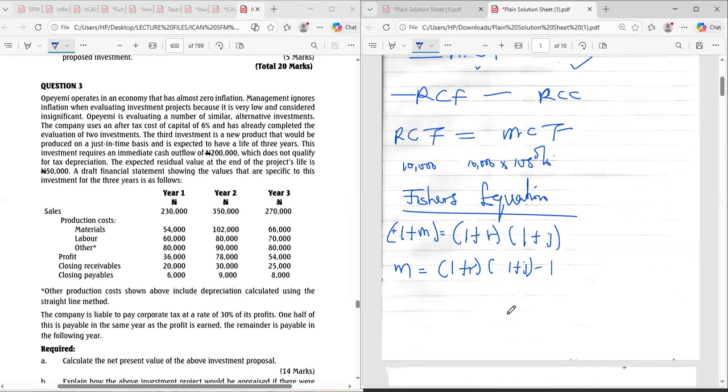All right, the next thing I want you to understand is that in this Fisher's formula, this i, which is inflation, is usually your general inflation, not your specific inflation. We have two types of inflation, specific and general. So the inflation you are using in your Fisher's formula is your general inflation. Any question?